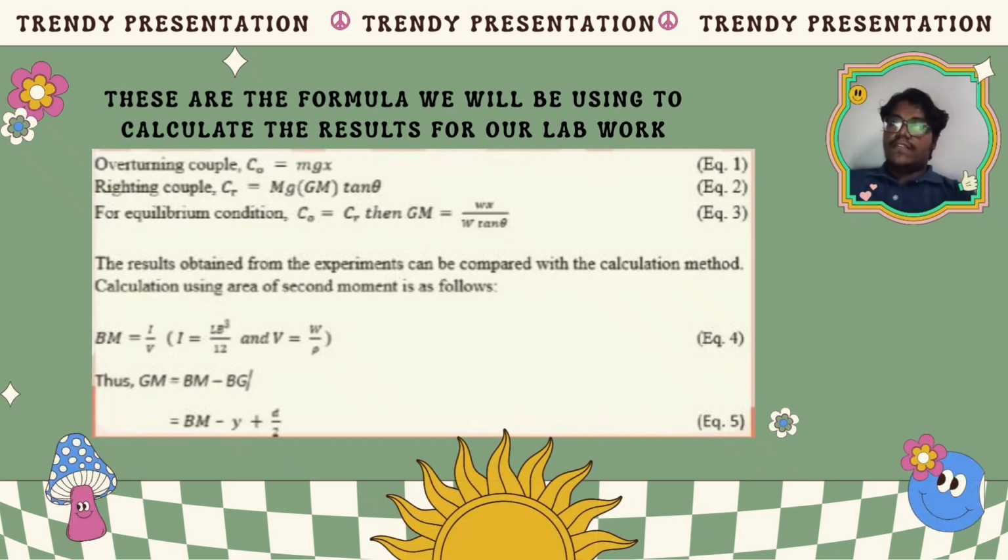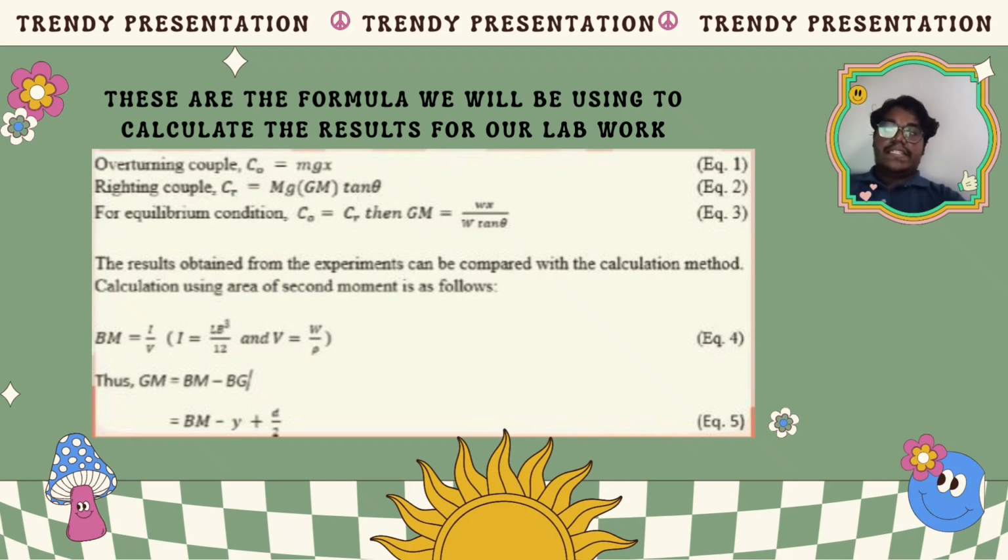Now we will be looking at the formulas that we will be using to calculate the results for our lab work. The first equation is the overturning couple, CO, which equals mgx. The second equation is the righting couple, CR, which equals mg(GM) tangent angle. For equilibrium condition, CO equals CR, then GM equals WX over W tangent angle.